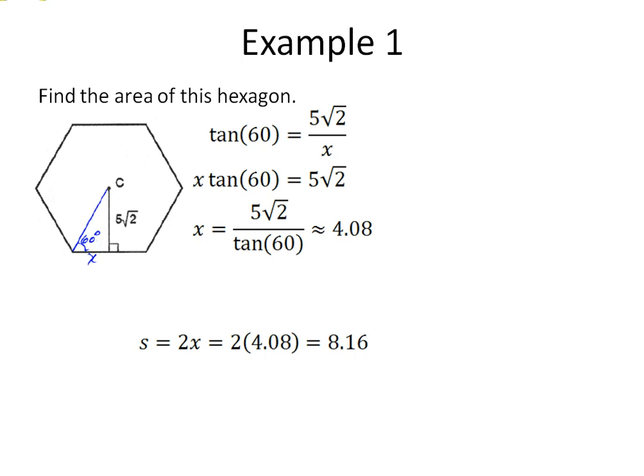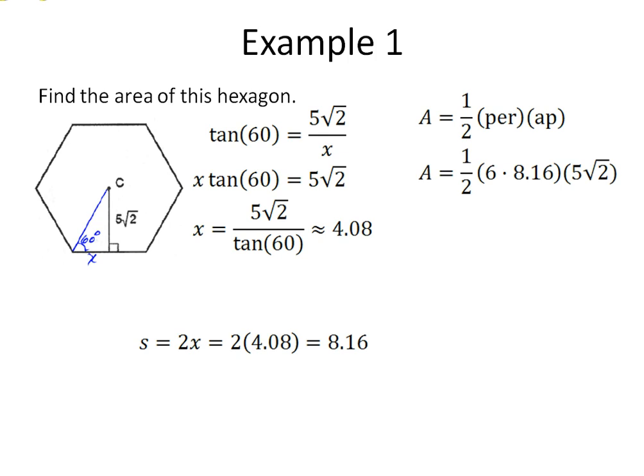Now we can get the perimeter and we know the apothem, so we put it into our formula: 1/2 of 6, because this is a hexagon, times 8.16 times 5 square root of 2, which gives us an area of approximately 173.10 square units. Since they didn't give us any dimensions, we don't have anything to square at this point.